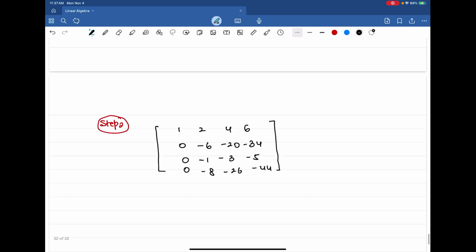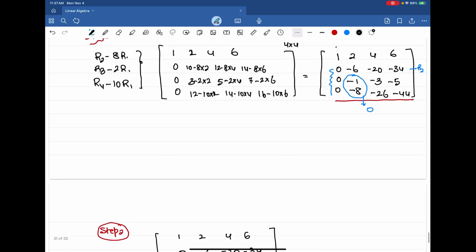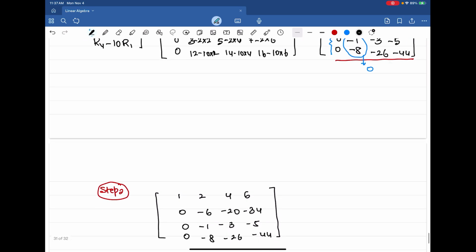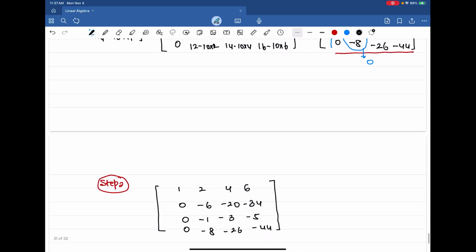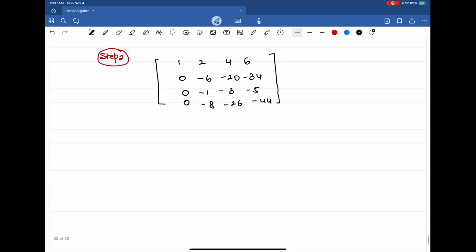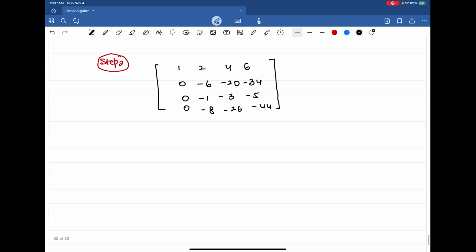Let us see whether it is correct or not. 1, 2, 4, 6, 0, minus 6, minus 20, minus 34, 0, minus 1, minus 3, minus 5, 0, minus 8, minus 26, minus 44.